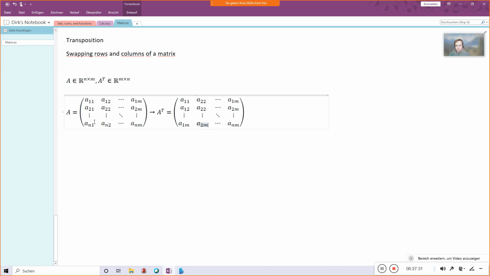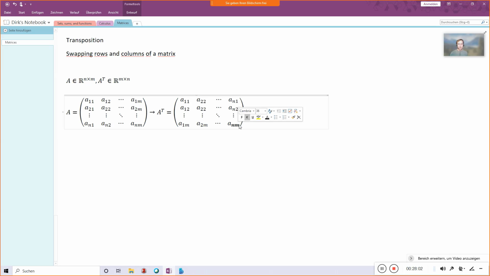And so we continue with the rows, and in the end have here n1. So we have n columns, n2, and this element also remains there.